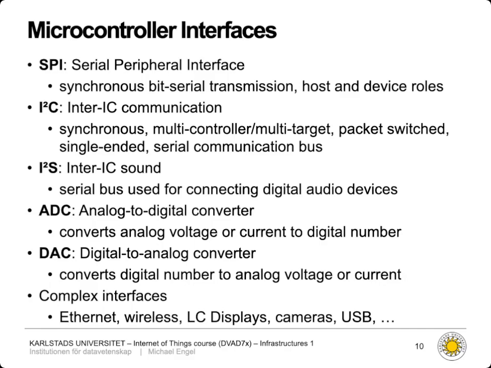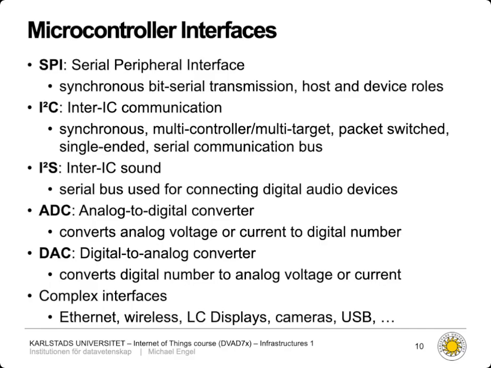This is for inter-IC communication. That's what the I squared stands for, inter-IC, the two I's. It is also synchronous, but compared to SPI, it can be multi-controller, multi-target, so different devices on a bus can initiate communication. SPI is a one-to-one connection. I2C is a bus, so it can connect a number of devices.